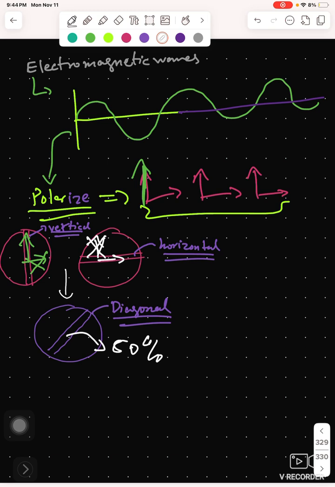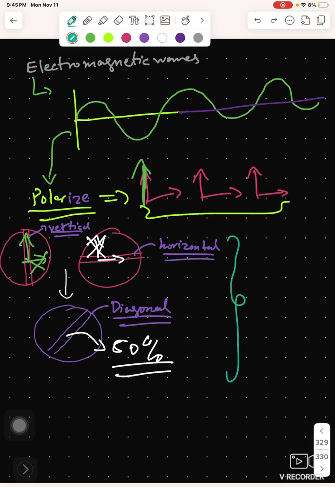Let's suppose we know that when we put this polarization, what polarization does is decrease the number of photons going through the material in a certain way.